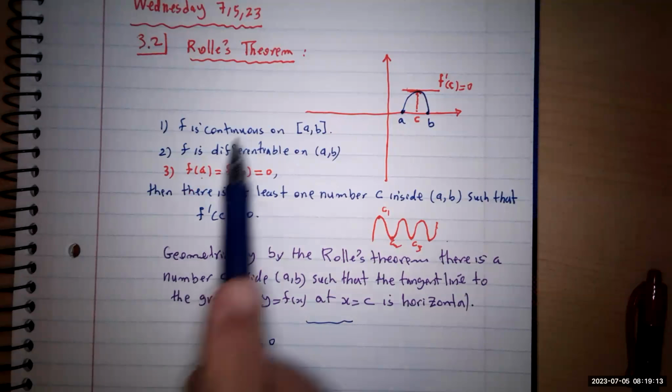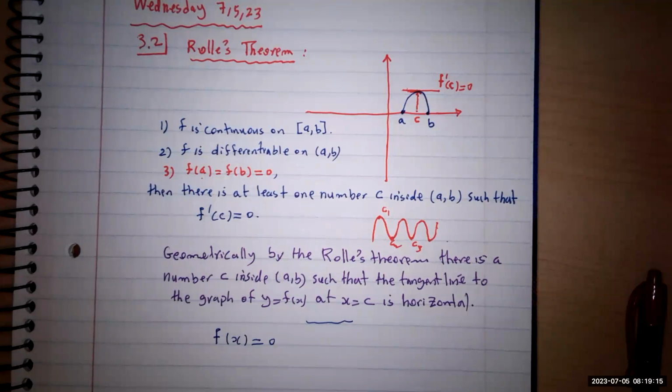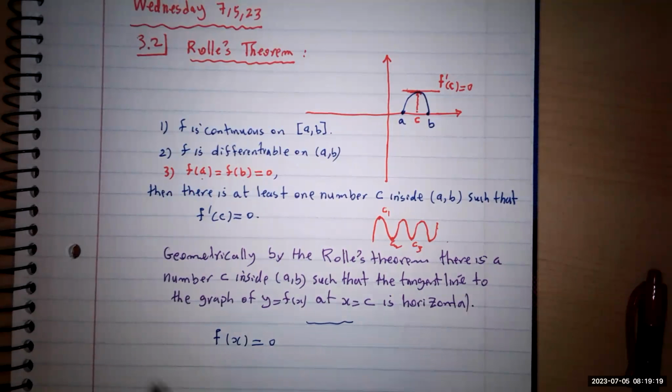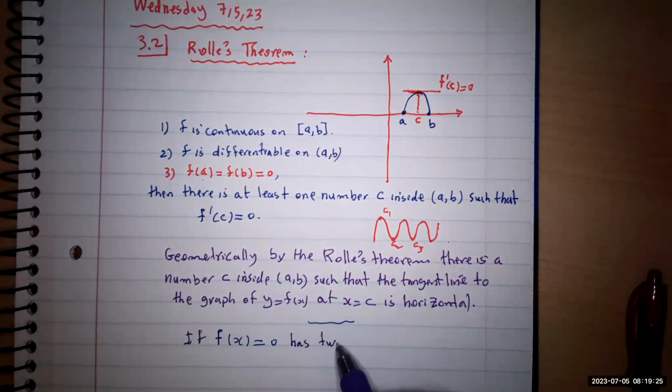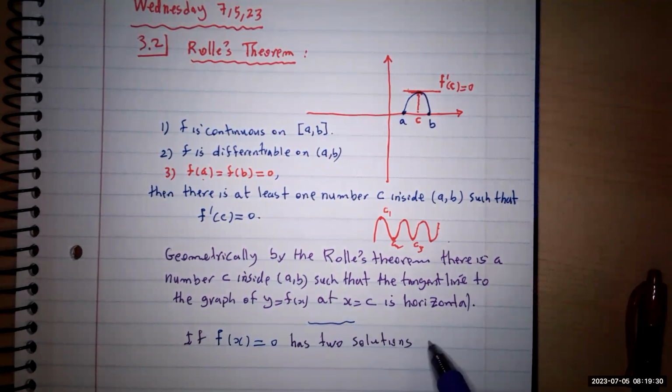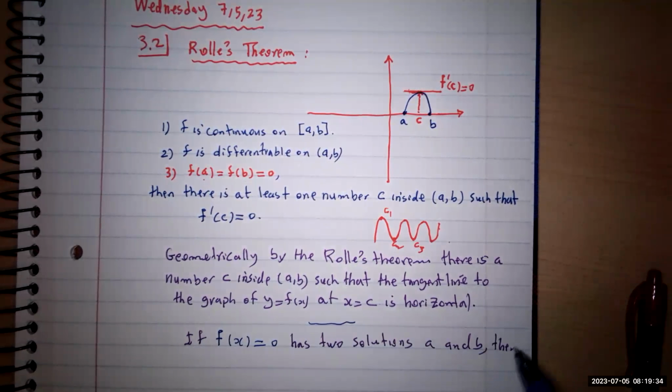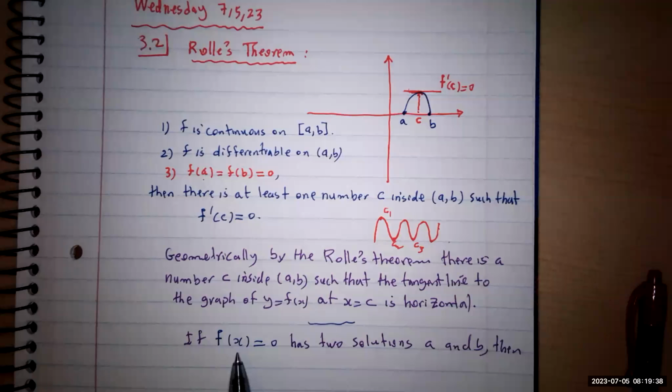So this condition will tell you, from the algebra point of view, that if f of x equal to 0 has two solutions, A and B, then when we say f prime of C equal to 0, this means if you differentiate this equation, that equation is guaranteed to have at least one solution.